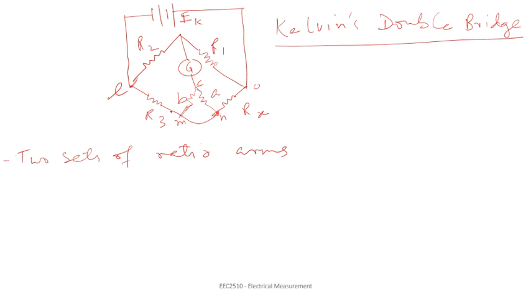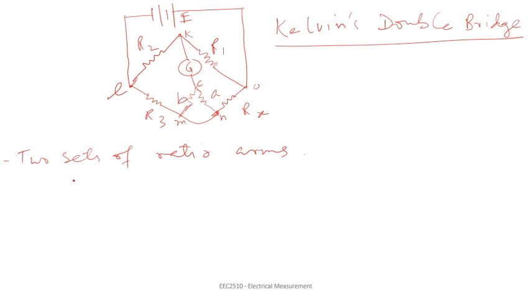The galvanometer indication will be 0 when the potentials at the point K and C are equal. This is the point K. If the potentials at point K and point C are equal, then the galvanometer deflection will be 0. So we'll now derive the expression.